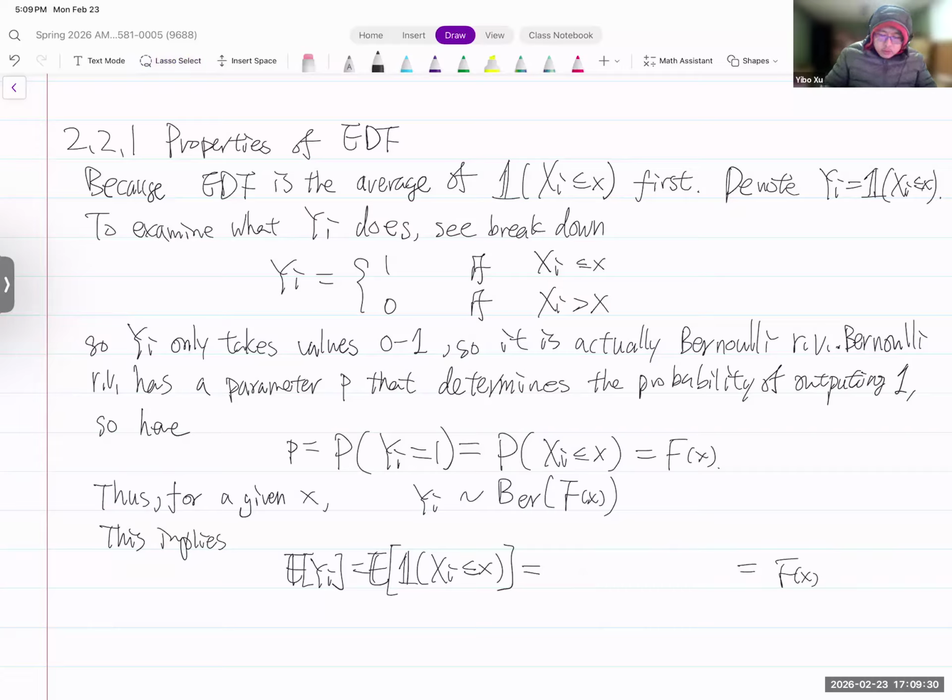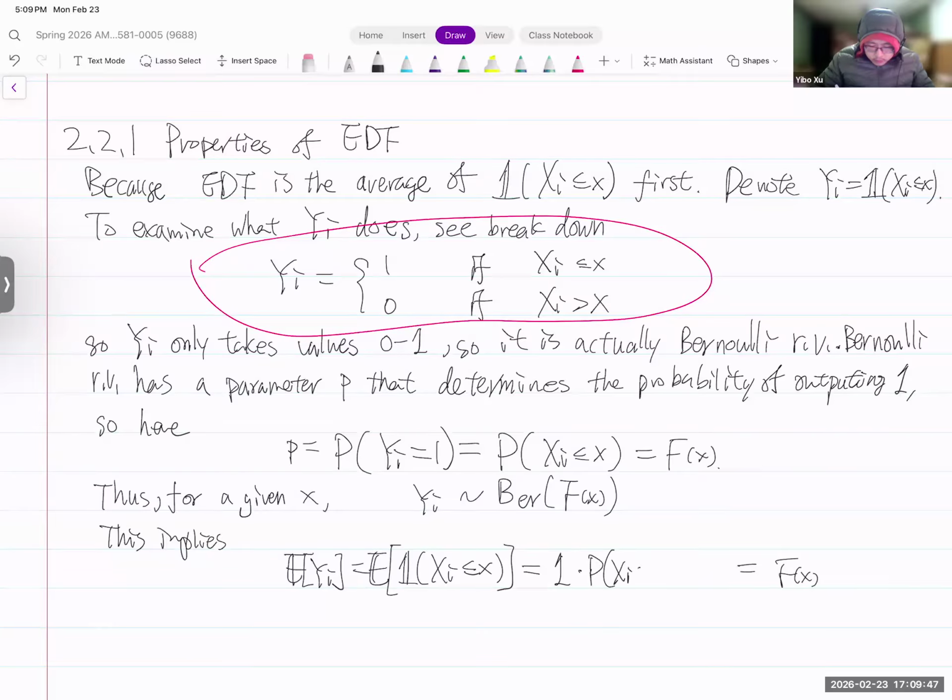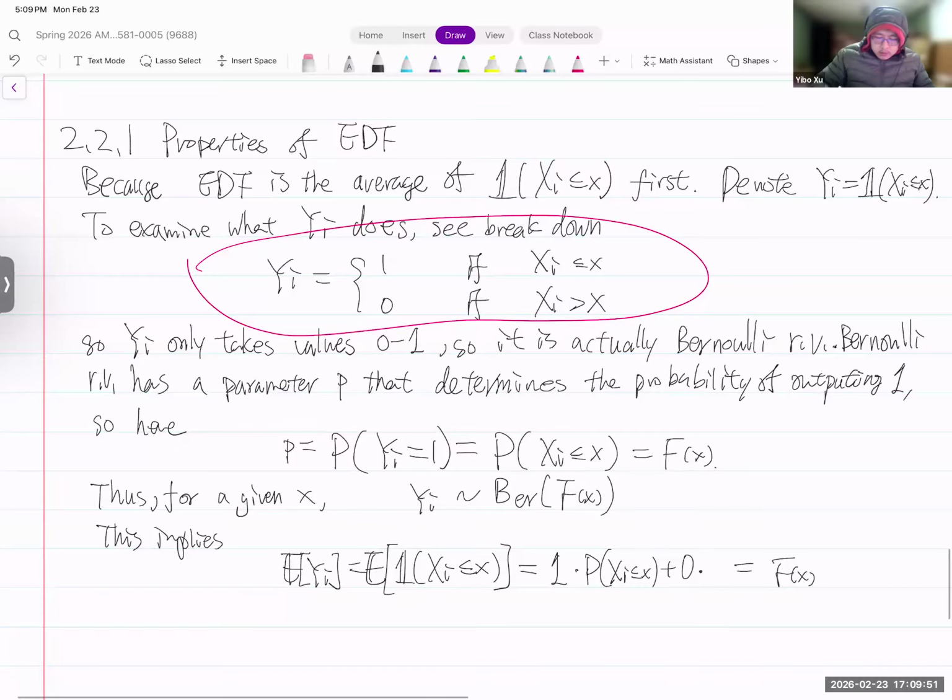If you compute the expectation directly, you take the value 1 multiplied by the probability P of Xi less than or equal to x, plus 0 multiplied by the complement.